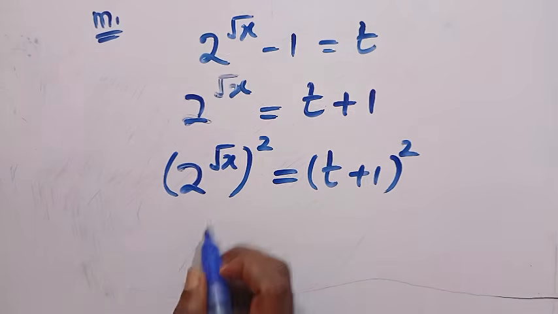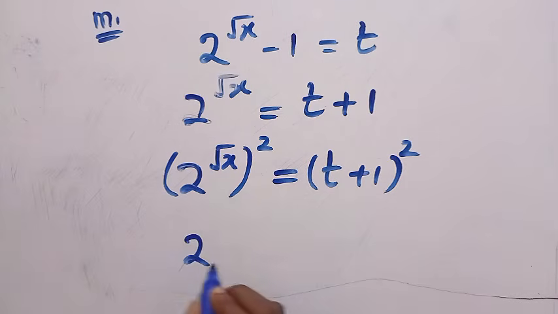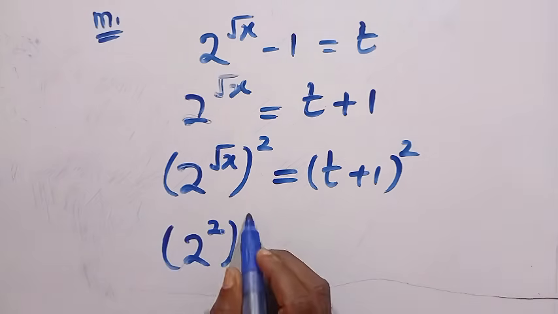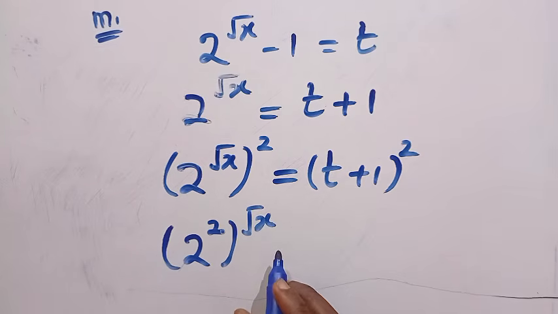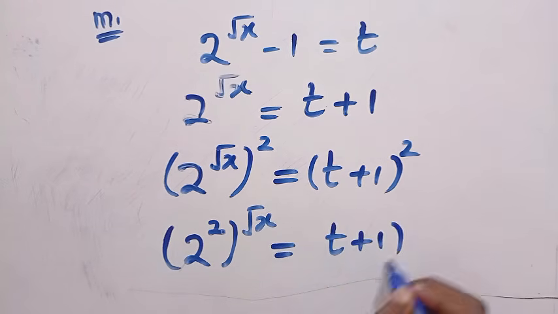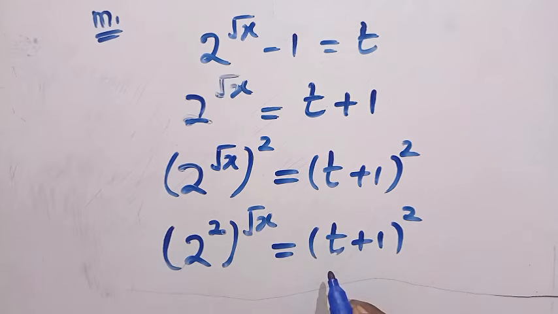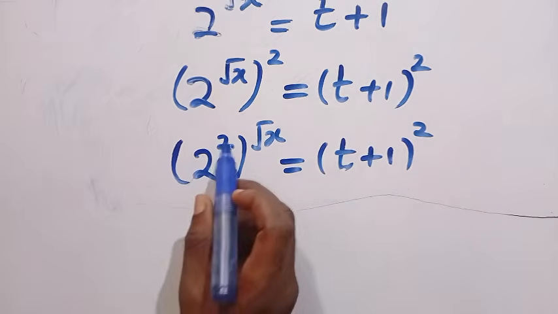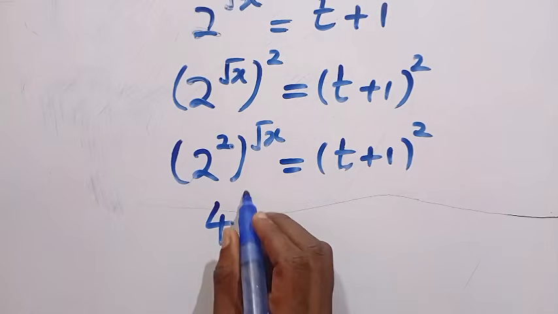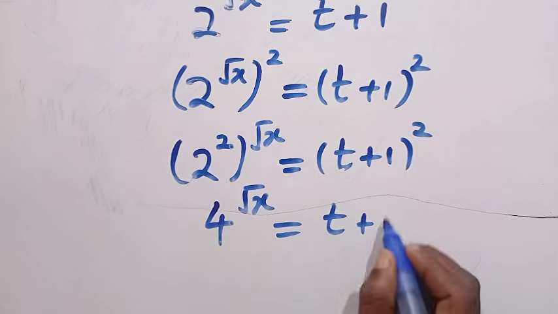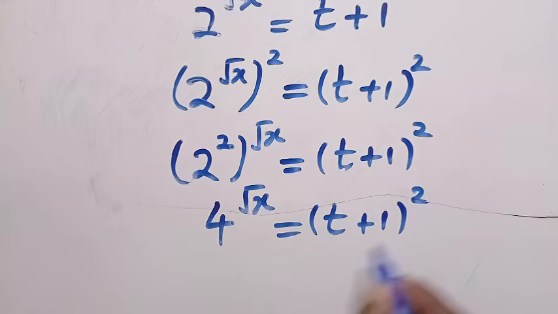After getting this, we have 2 squared, that is 4, raised to the power of √x equals (t + 1)².